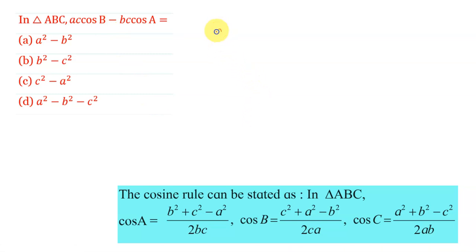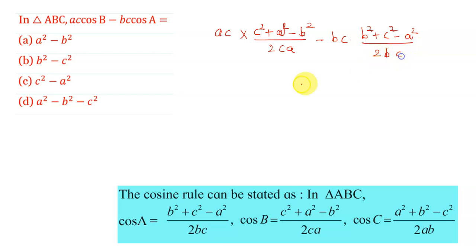What is first? That is AC. If I write here AC, cos B means what here? c square plus a square minus b square, and this divided by 2 times CA. Okay, minus BC into cos A, that is b square plus c square minus a square, and this divided by 2 times BC.